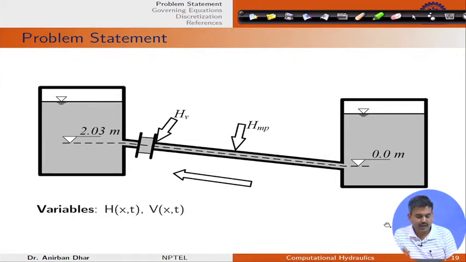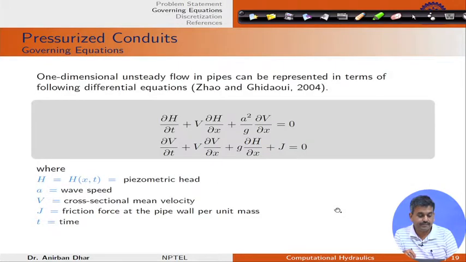So, variables: H is piezometric head, as a function of x and t, and V is the velocity, which is again a function of x and t.